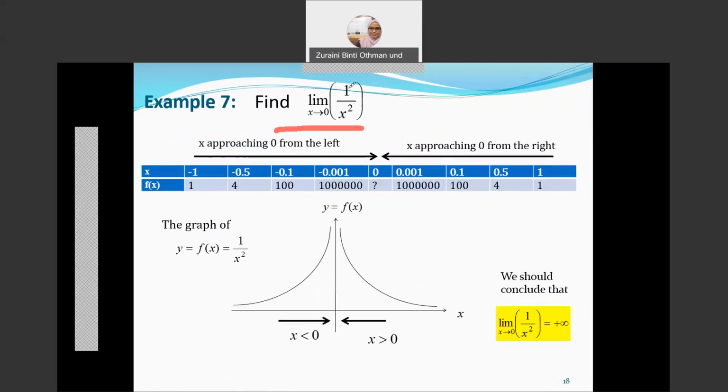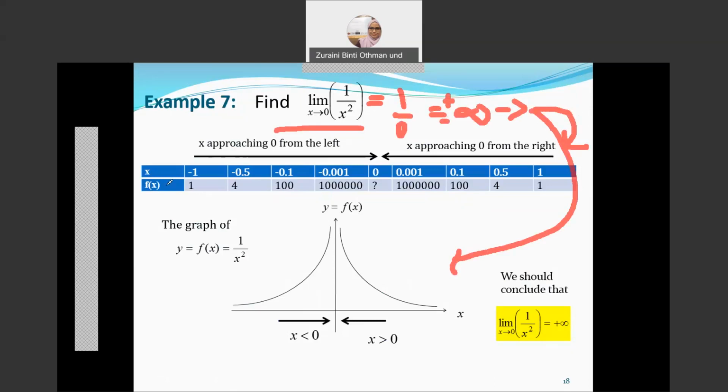Kita tahu bahawa 1 over 0, kita guna direct substitution, 1 over 0, we get the answer infinity, right? But we don't know whether it is positive or negative. So here, the only way how to solve it by using this table, or you want to draw it, you can draw it.